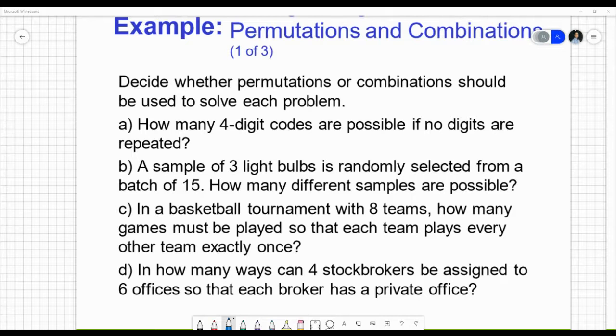Okay, so let's say we have teams A, B, C, D, E. If team A plays with team C and team C plays with team A, is that two different games or one? That's the same game. Exactly. So does the order matter? No, it does not. Got it. Okay, I see what you mean.